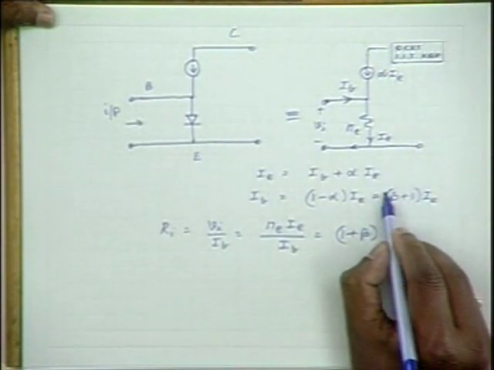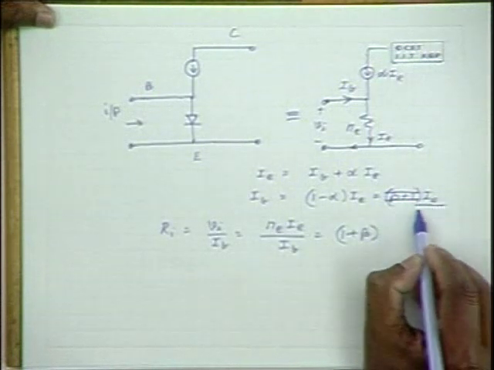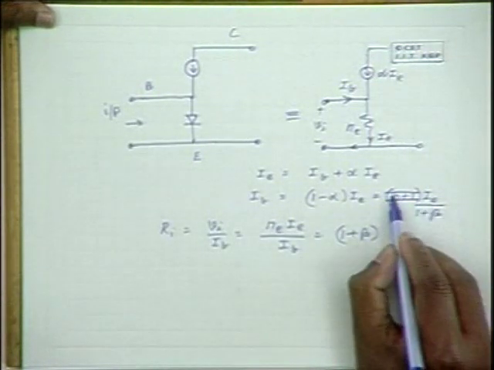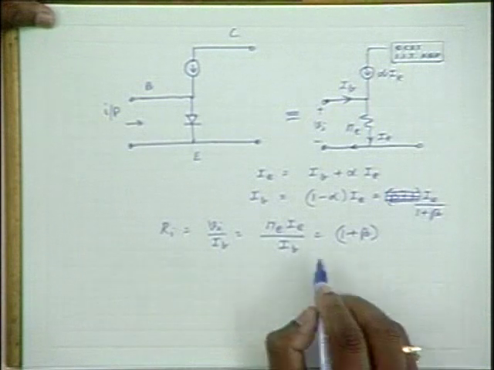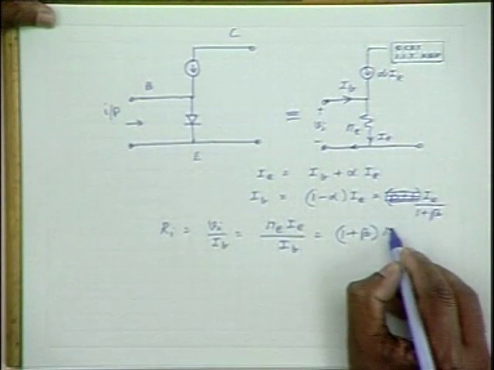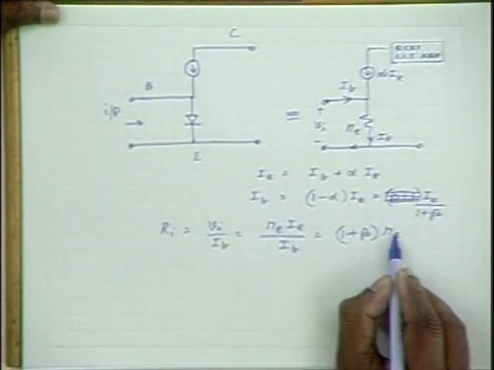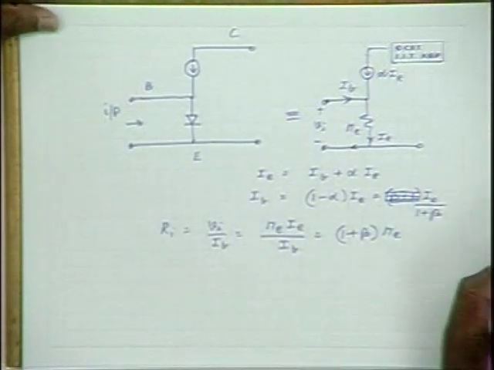Oh, there is a mistake here. This is IE by IB, which is equal to 1 plus beta. So therefore, 1 plus beta into Re is the input impedance.